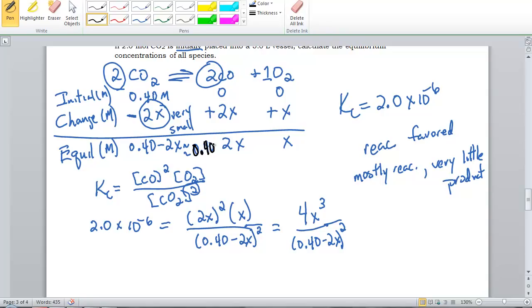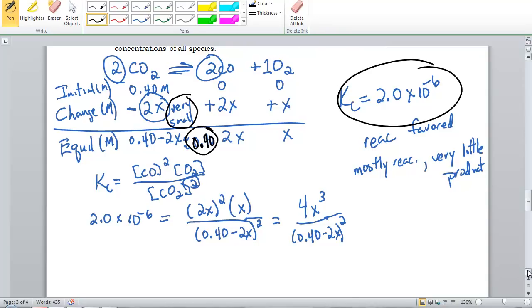When we have a very small K, reactants are favored, the amount of reactant that goes to product is going to be really small, and we're going to make an assumption that it's so small, in fact, that the initial minus that really small number is going to stay about the initial. Now, we know it's going to drop a little bit, but again, we're making a simplifying assumption so that it makes it easier for us to solve this problem.